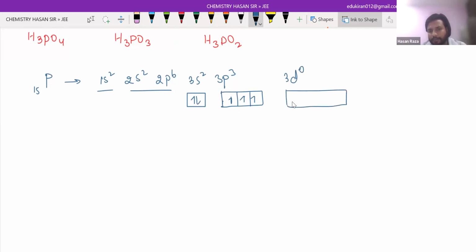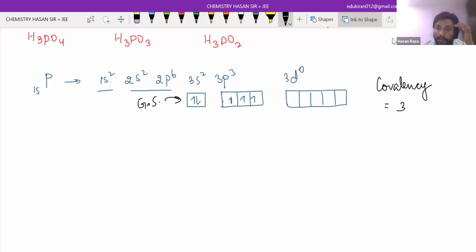Yes or no? This is your ground state, in which the covalency is 3, because with 3 unpaired electrons it can form 3 bonds like PH3 or PCl3.